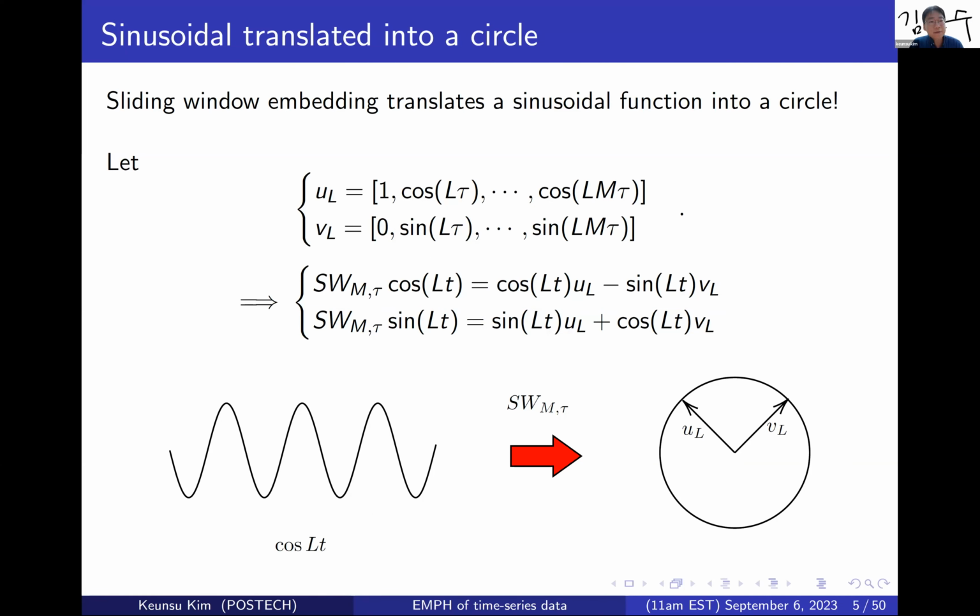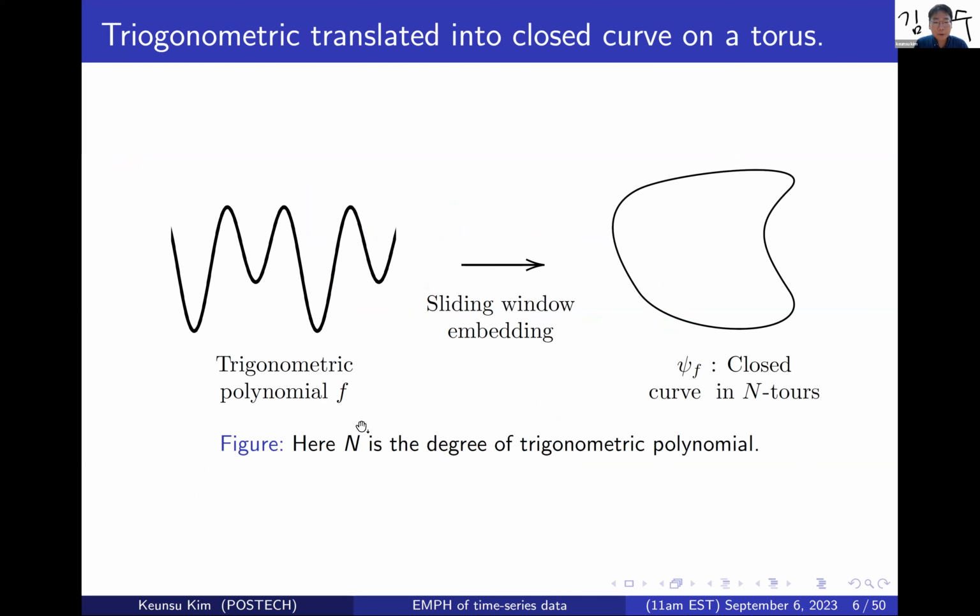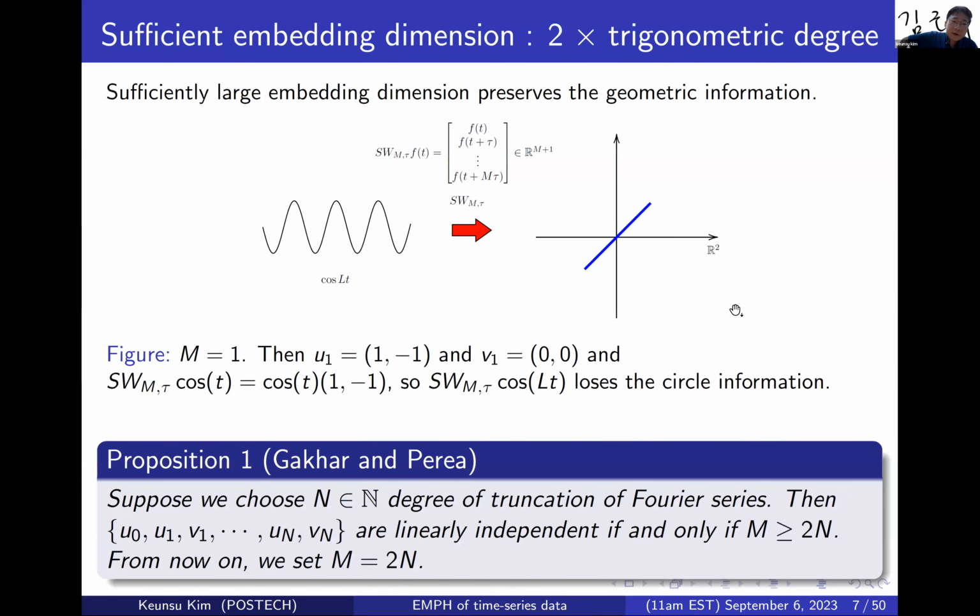By the definition of sliding window embedding, we can easily check that sliding window embedding translates sinusoidal functions into a circle, and a trigonometric polynomial goes to a closed curve in the n-torus. Here, n is the degree of the trigonometric polynomial, and it is important to choose a sufficiently high embedding dimension to preserve the geometric information.